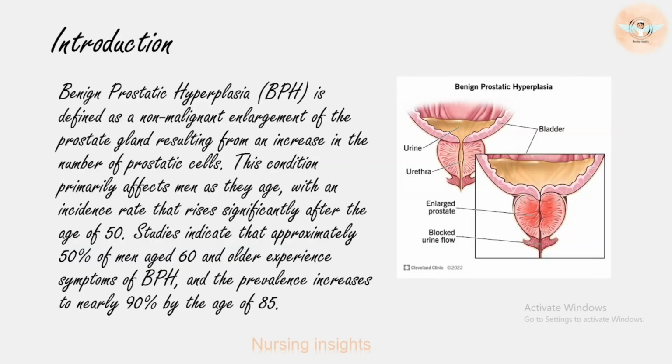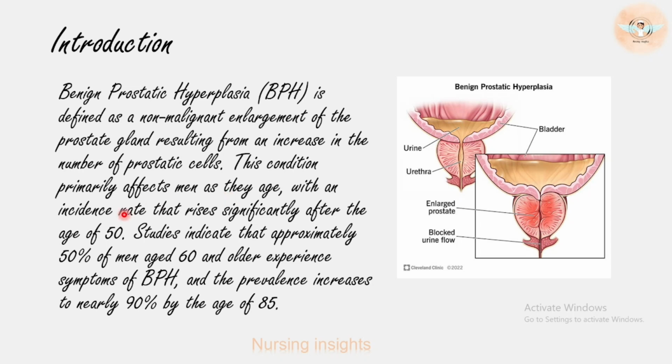First we have to write an introduction. In the introduction we can write the definition, the incidence rate, and also include the anatomy of the prostate. So let's see. BPH, benign prostatic hyperplasia, is defined as a non-malignant enlargement of the prostate gland resulting from an increase in the number of prostatic cells.